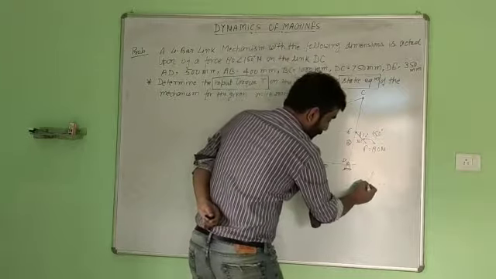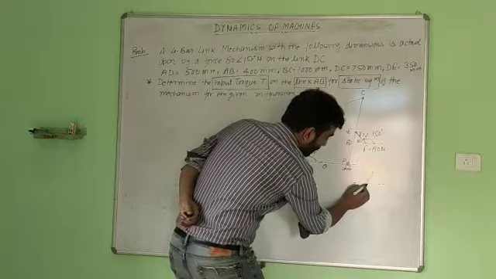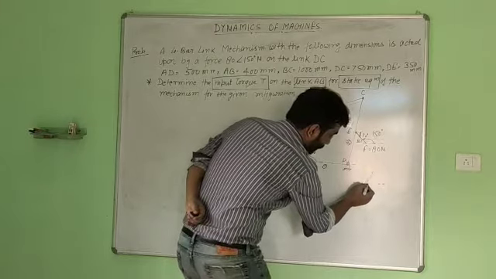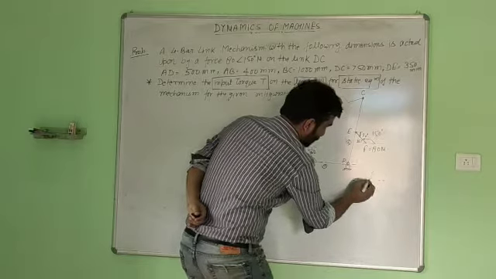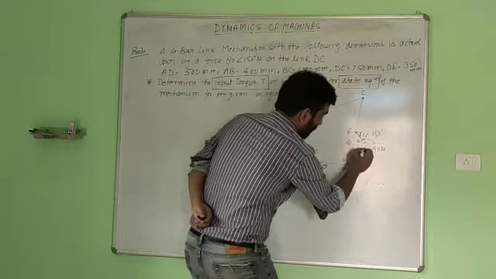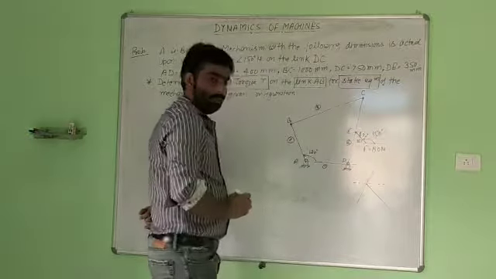So draw a line having 30 degree from this horizontal line.